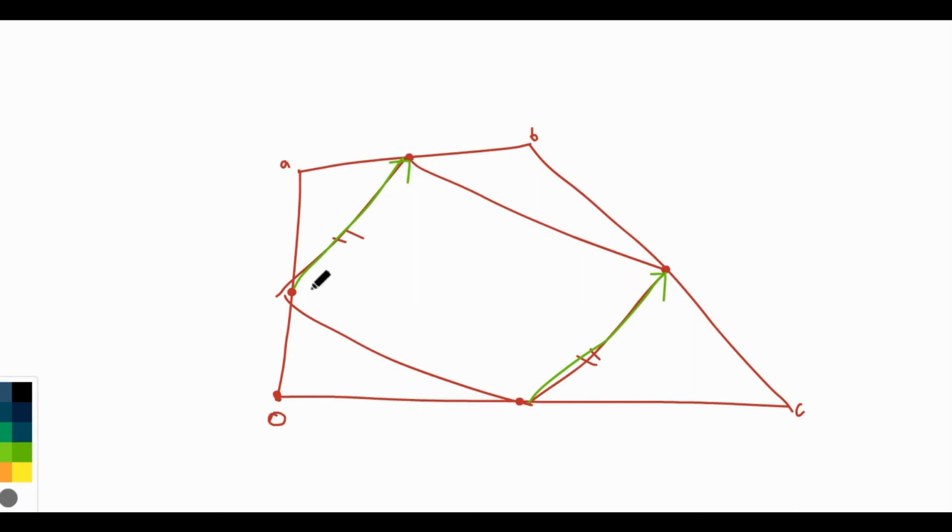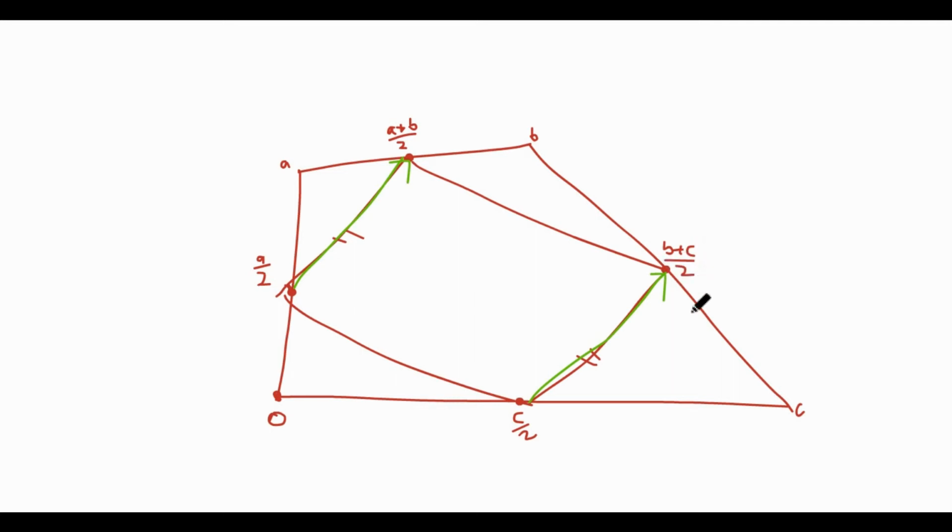So this point first is obviously a over 2 because it's the midpoint between a and 0, the origin, and this point is just (a plus b) over 2. Similarly, this point is just c over 2, and this other point over here is (b plus c) over 2.